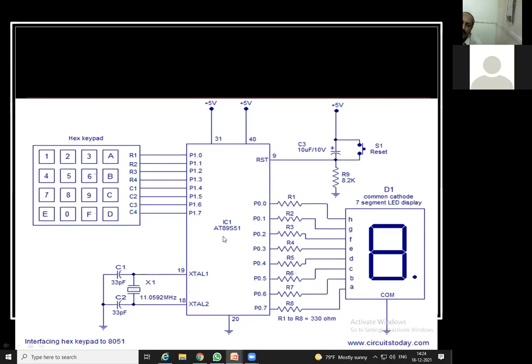This model is being used. It is 99.9% the same as Intel's 8051 IC. So this is how the connection has to be made whenever you are doing it physically.